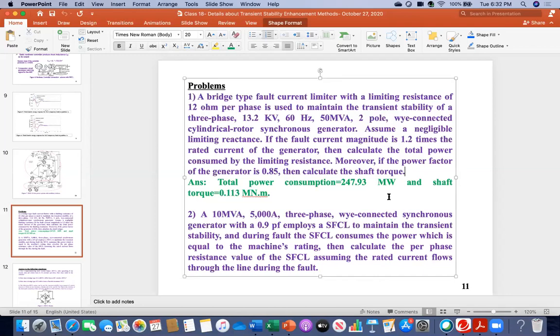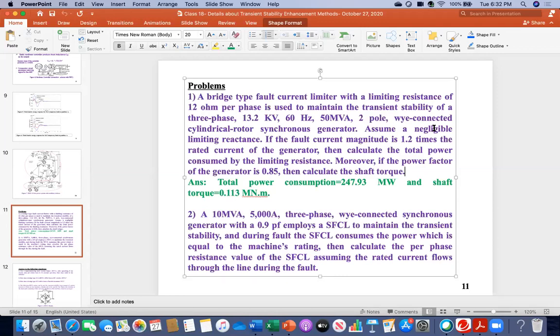Then we have to multiply that by 3 because we have 3 phase, right? No, you see, that current is the line current. See the third line of the problem. It is Y connected. So for the Y connected, line current and phase current are the same, right? Yes.